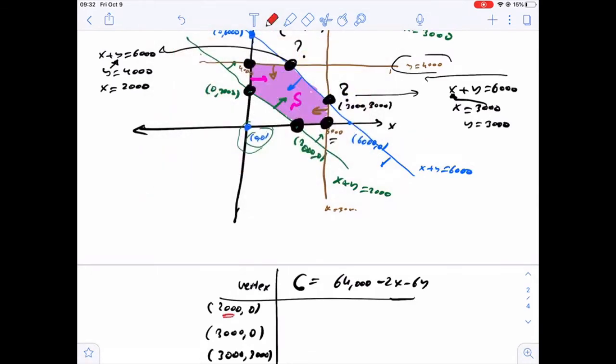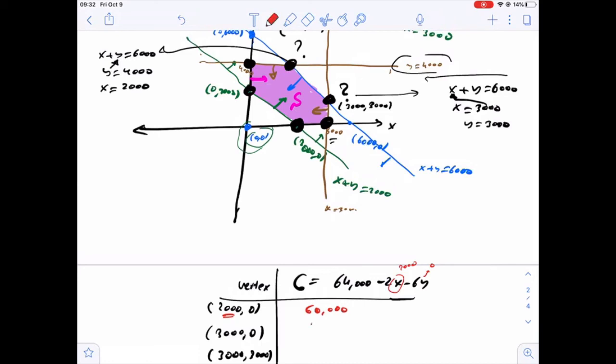We plug x equals 2000 and y equals 0. This will give us, using the calculator, you can compute this. You get something like, double check here. We get 60,000. And let's plug 3000 here, x 3000 and y equals 0.